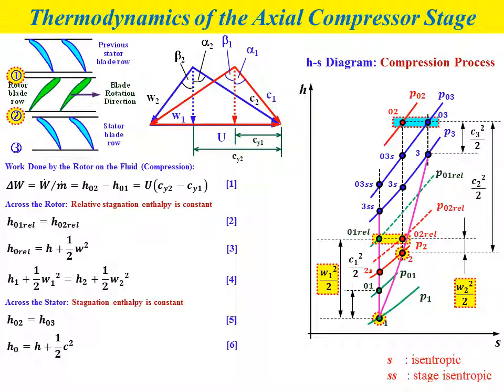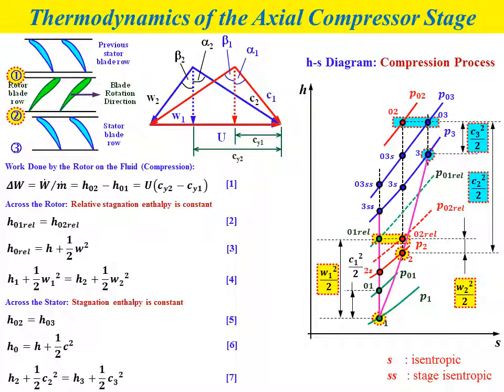We know that the basic stagnation enthalpy formula is H0 equals static enthalpy plus half absolute velocity squared, C squared, represented by equation number 6. If we substitute equation number 6 into equation number 5, we get equation number 7: H2 plus half C2 squared equals H3 plus half C3 squared. If you look at the HS diagram, we have H2 plus half C2 squared equal to H3 plus half C3 squared.